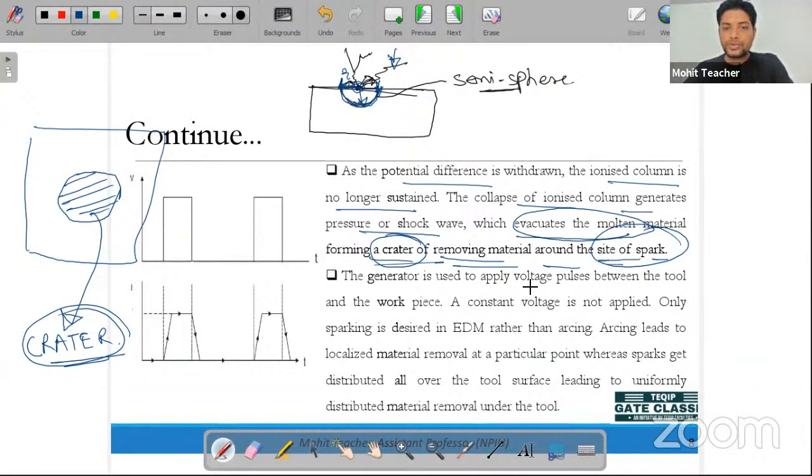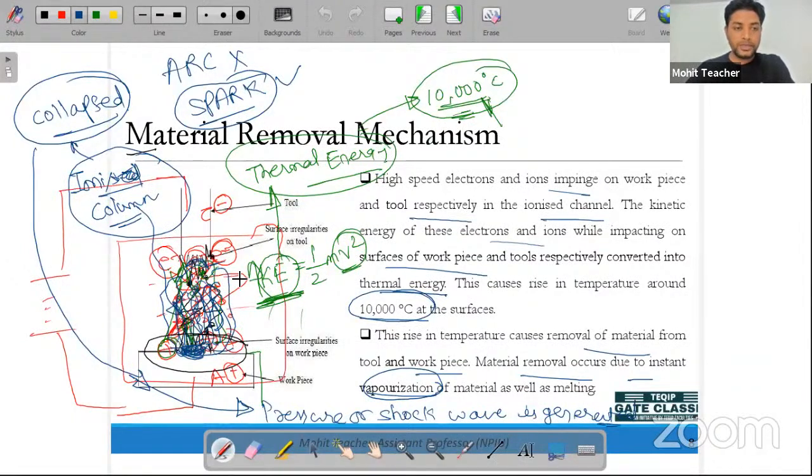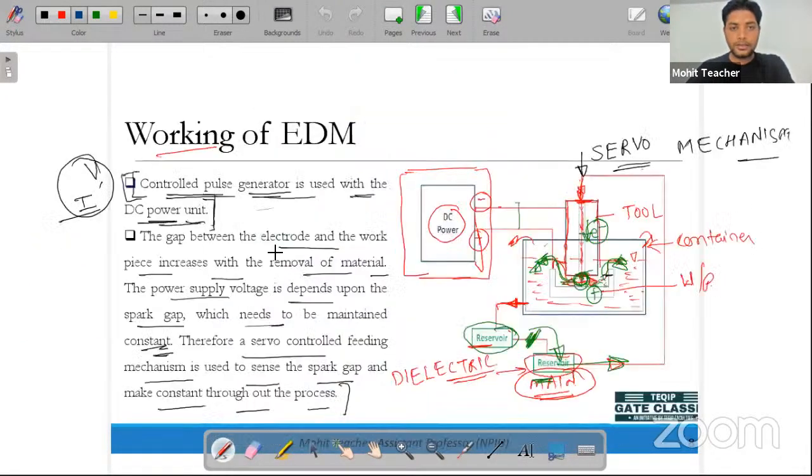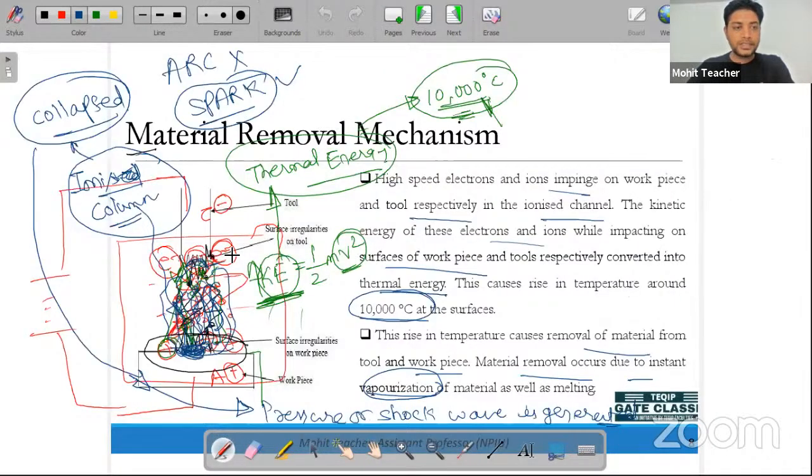The generator is used to apply voltage pulses between the tool and the workpiece. Yesterday I also mentioned that a controlled pulse generator is used with the DC power supply. As we are continuously supplying current, once the ionized plasma column is formed, if we continue to supply this current, the spark is converted into an arc.